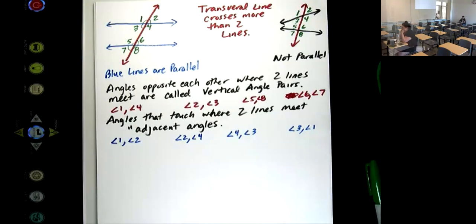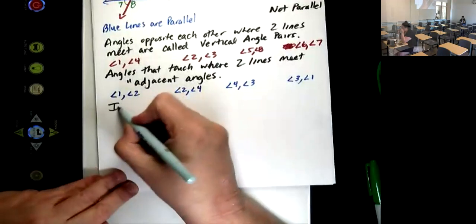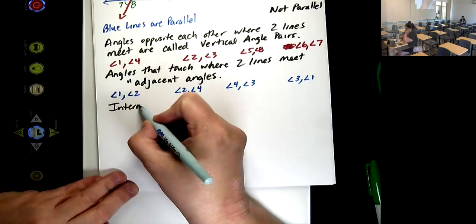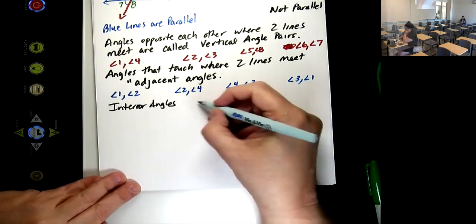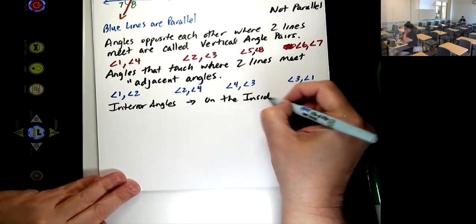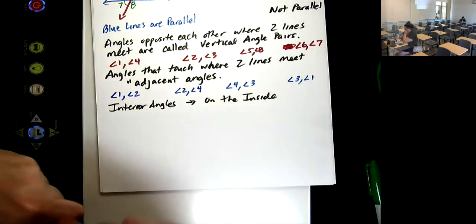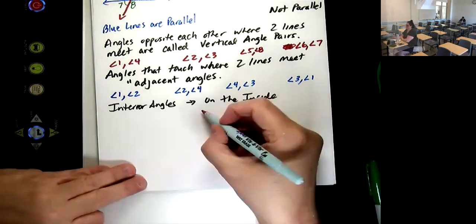So they have something called interior angles. This is also true for both pictures. In fact, I will tell you when it's not true for both. Interior angles are on the inside. In this case, that is angles 3, 4, 5, and 6.